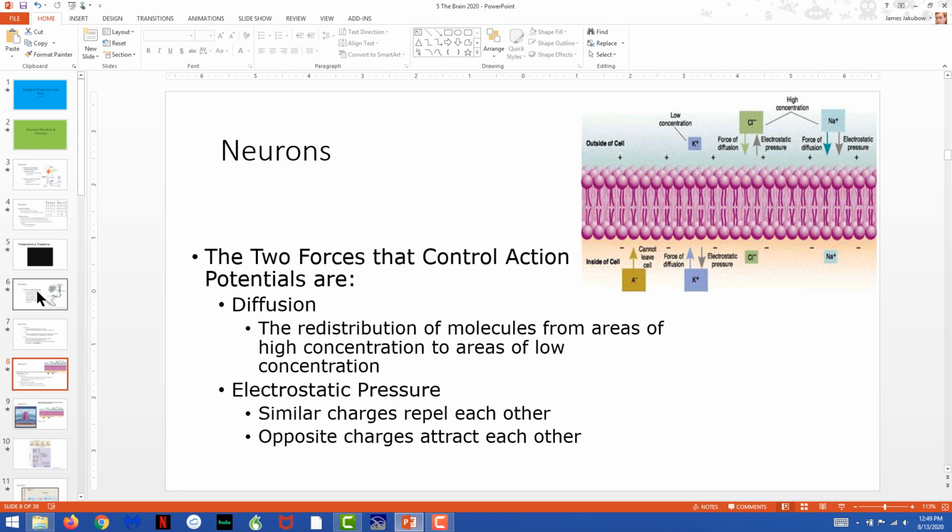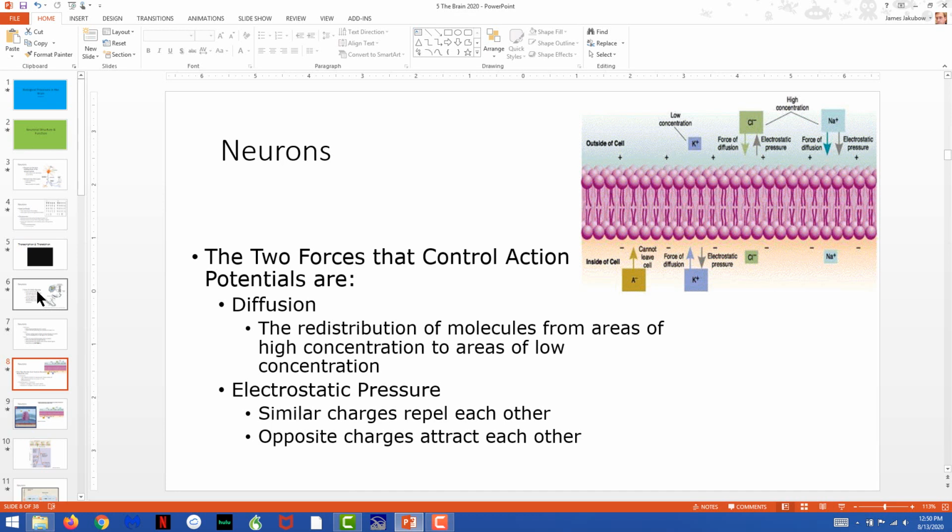Now, what's going to happen in this case is that the cell membrane is going to have a variety of stressors on it that are trying to move these high concentrations into areas of low concentration, which is just standard diffusion from the field of chemistry.